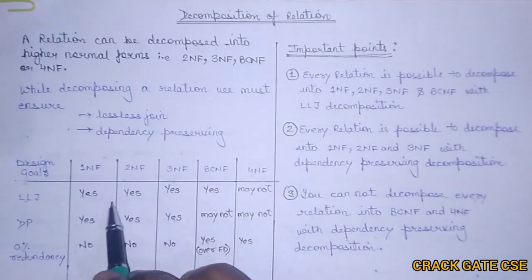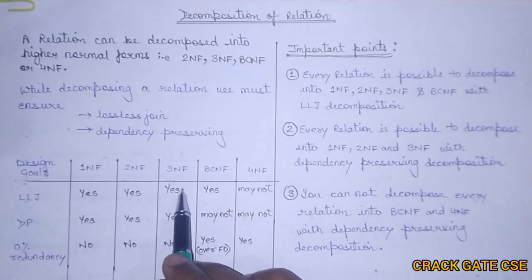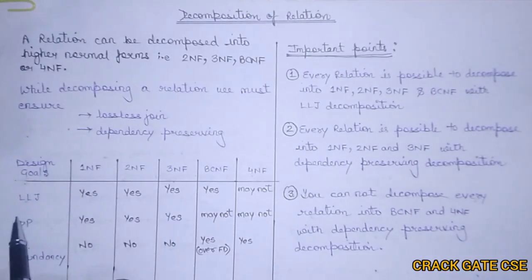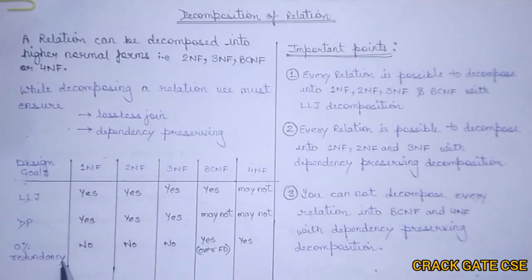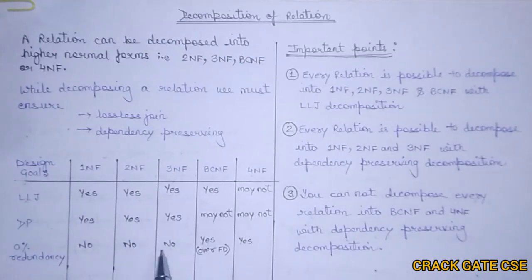In 3NF, we can decompose with lossless join and dependency preserving. So every relation is possible to decompose into 3NF with dependency preserving and lossless join. Here redundancy is comparatively low. Compared to 2NF, in 3NF the redundancy is low, but 0% redundancy cannot be guaranteed.